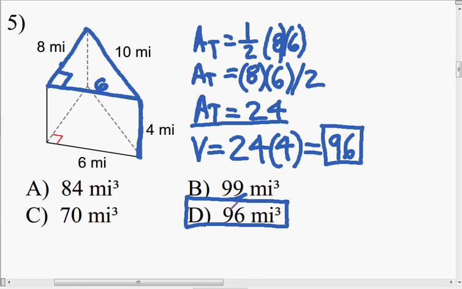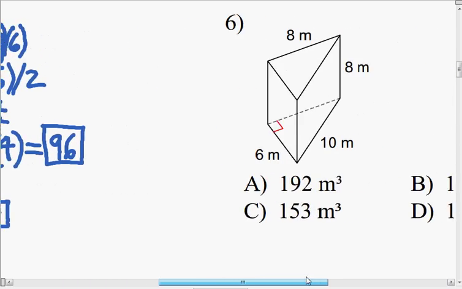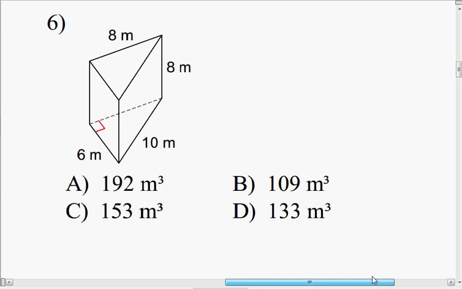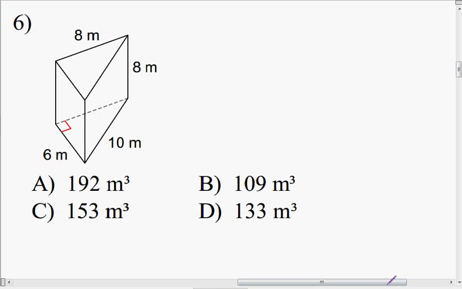Take a look now at problem 6. Find the area of the triangle. You're looking at this triangle, but it's also the same as this triangle.